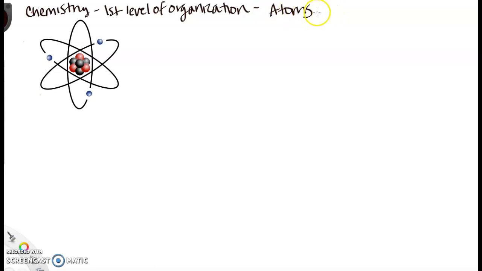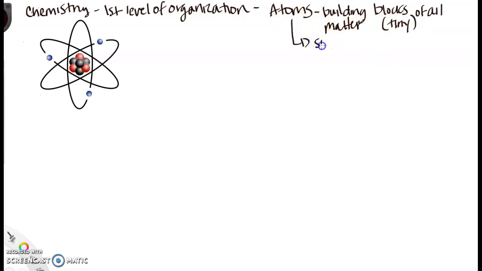And atoms are the building blocks of all matter. And they're tiny, tiny, tiny little things. Okay? They are made up of subatomic particles.